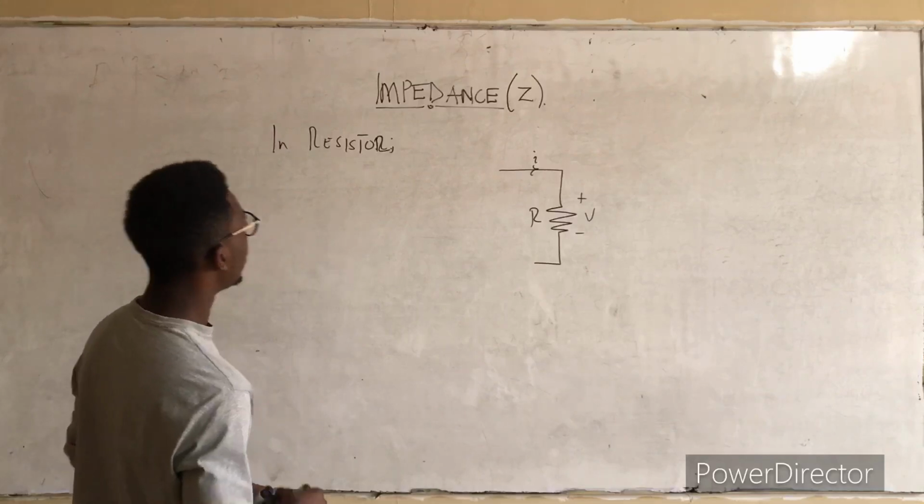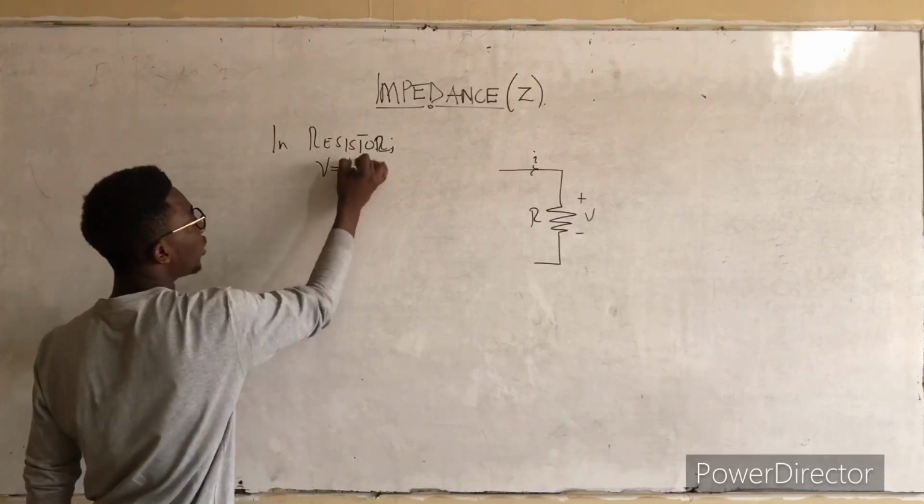Now, what do you know here? You realize that from Ohm's law, V is equal to IR.